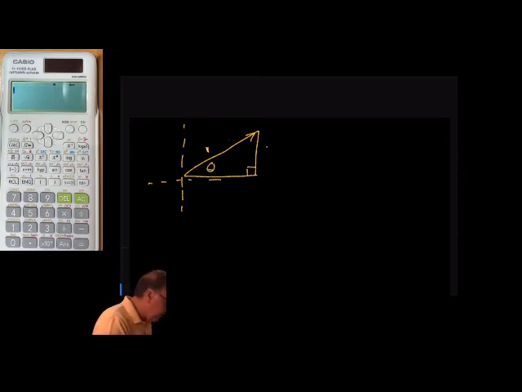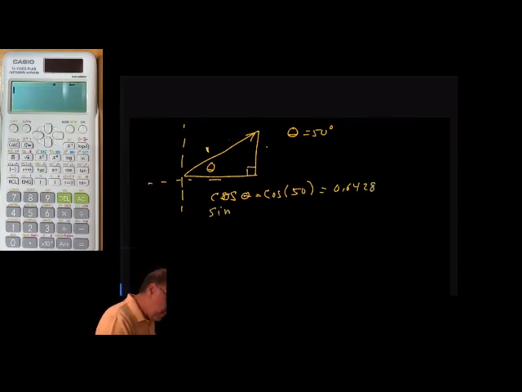We could say that the cosine of theta equals the cosine of 50 degrees. Theta equals 50 degrees, equals 0.6428. Then we can say the sine of theta equals the sine of 50 degrees, and that equals 0.766.